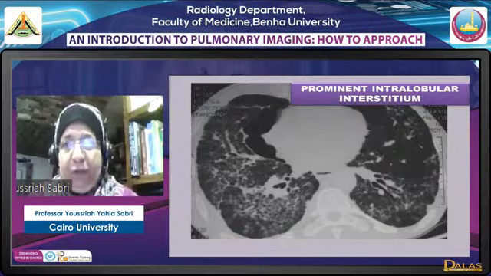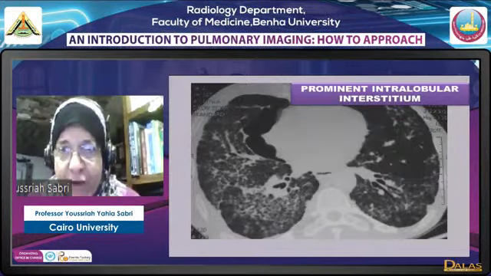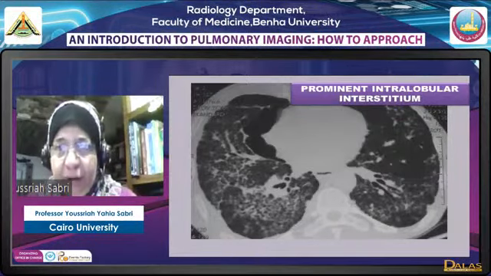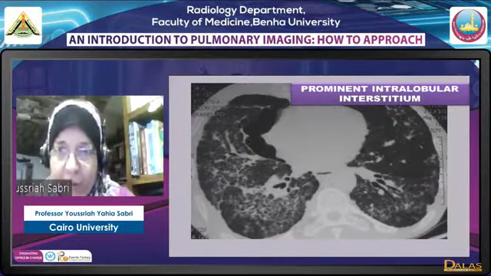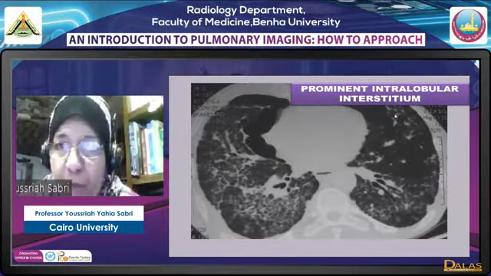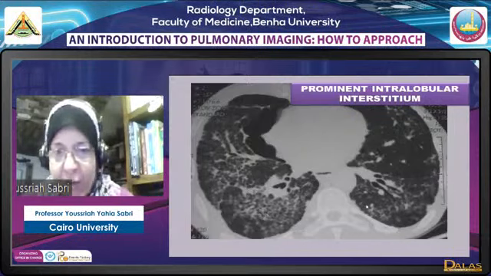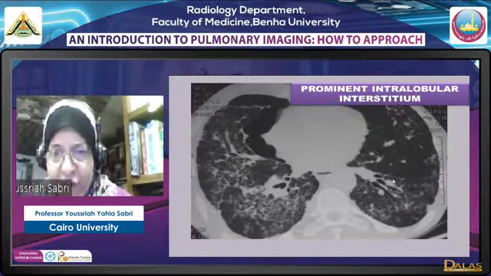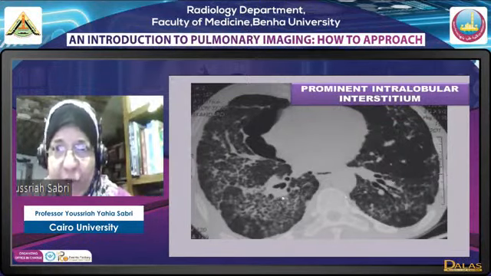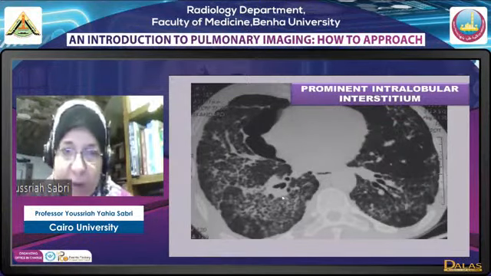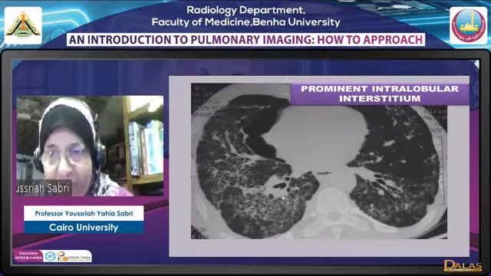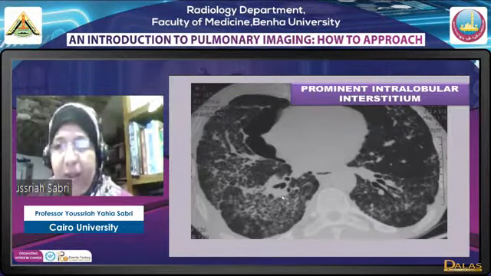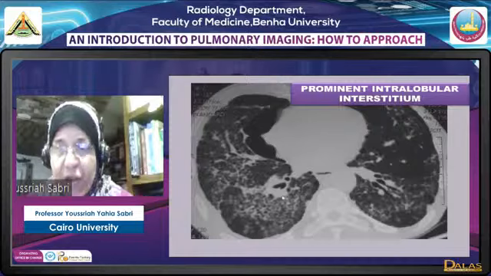Now, shifting from the prominent interlobular to the prominent intralobular interstitium. What we see here, you can describe as having reticulation. You usually describe this as reticulation. This is prominent intralobular interstitium, and it is only seen in interstitial fibrosis, what we call actually in radiology and pathology interstitial pneumonia.